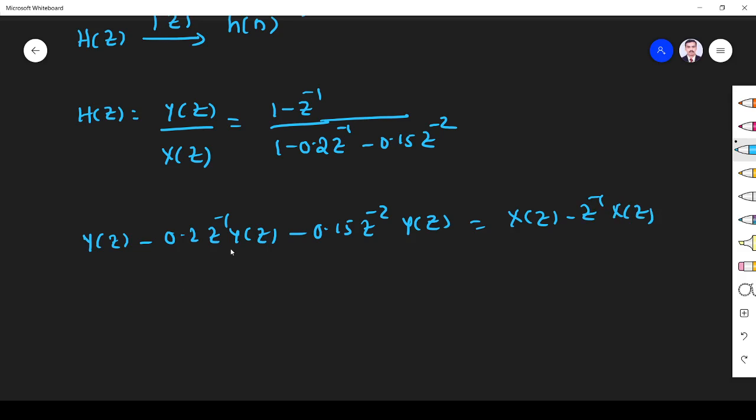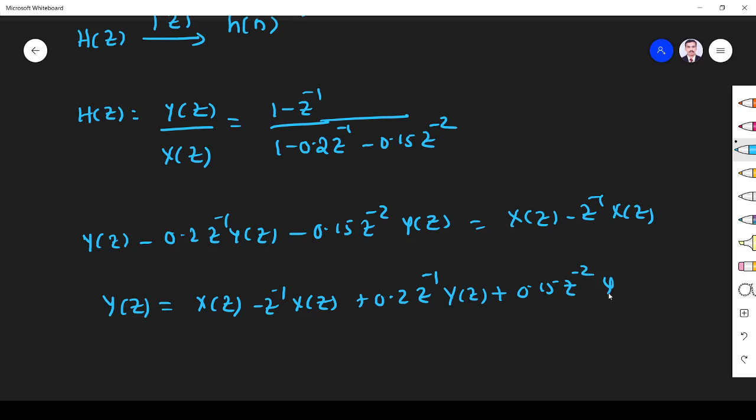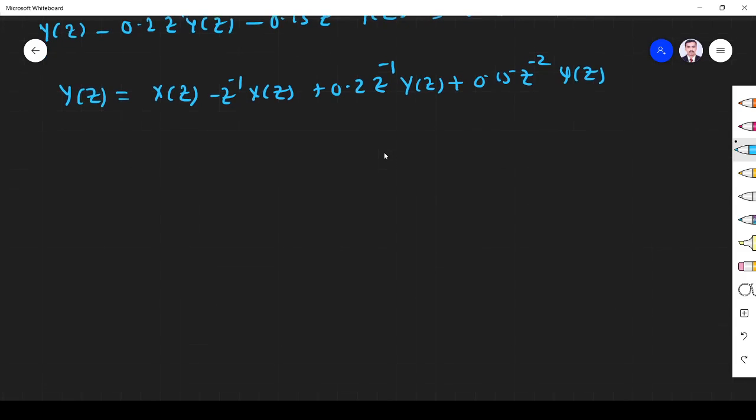So my difference equation will be in y of n format. I keep Y of z this side and make everything else go that side. So Y of z equals X of z minus z inverse X of z plus 0.2 z inverse Y of z, and plus 0.15 z power minus 2 Y of z. Now if we take the inverse z transform, it will be simple.